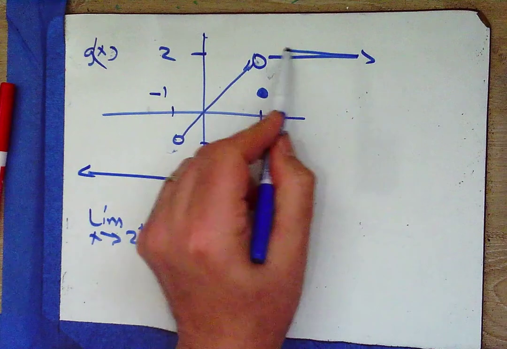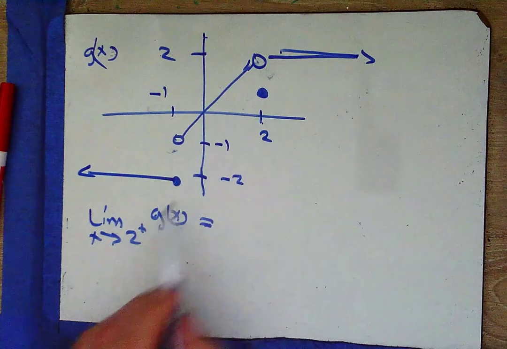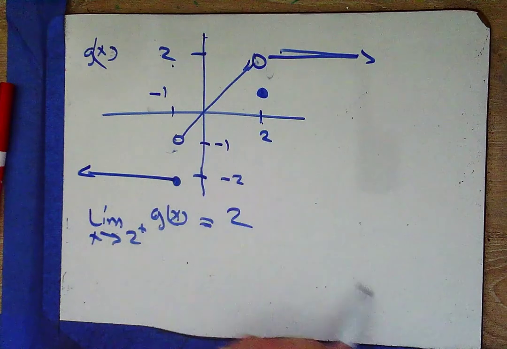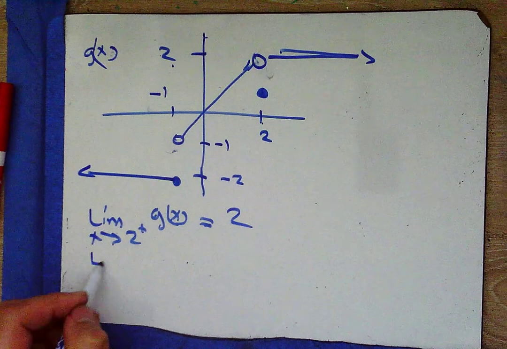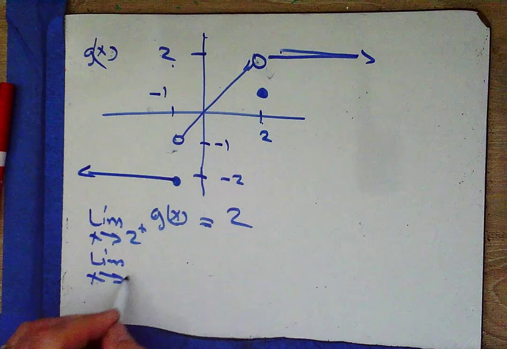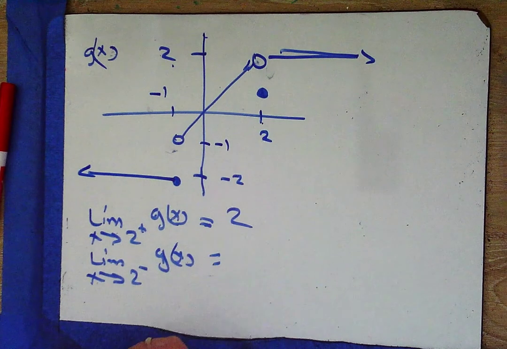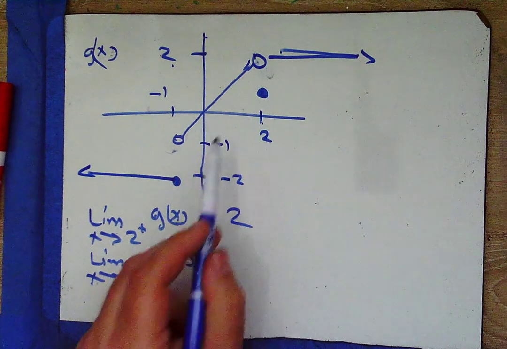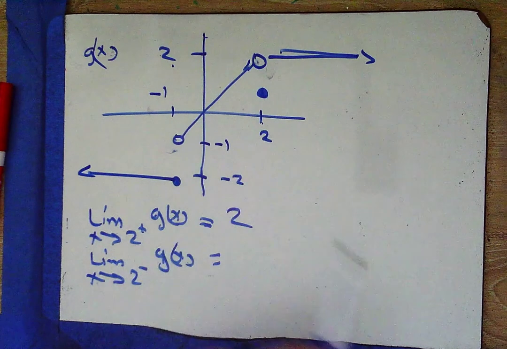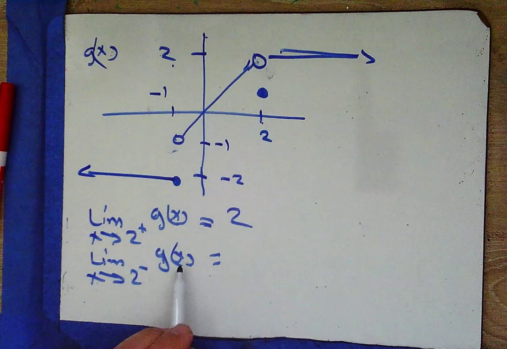That's right, we're approaching from the positive side of 2, and the y value we're approaching along is 2. How about the limit as x approaches 2 from the negative side of g of x? What do you get for that? As we head towards 2 from the negative direction, what are the y values approaching?